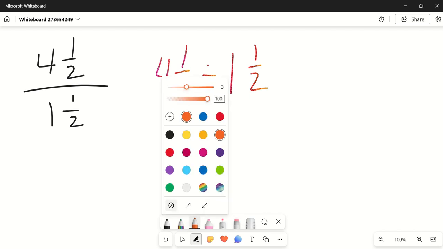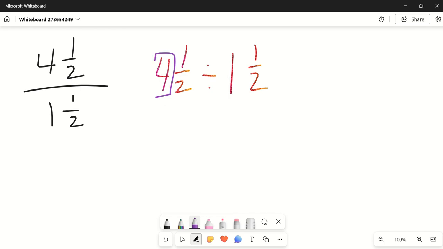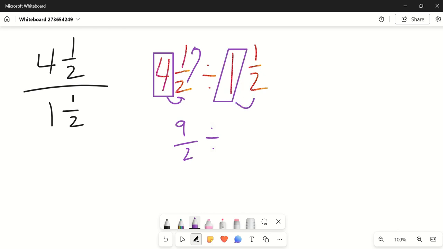First things first, we need to make these improper fractions. 4 times 2 is 8 plus 1 is 9, so this becomes 9 over 2 divided by 1 times 2 is 2 plus 1 is 3 over 2. Keep 9 over 2, change to multiplication, flip it, 2 over 3.